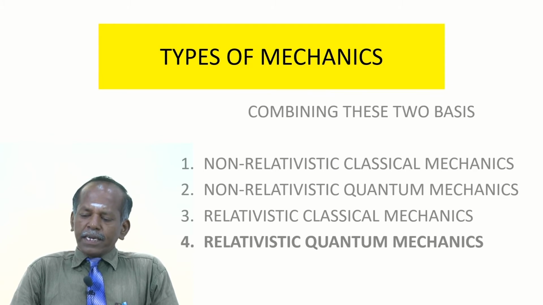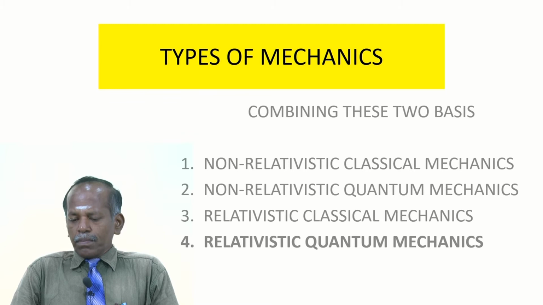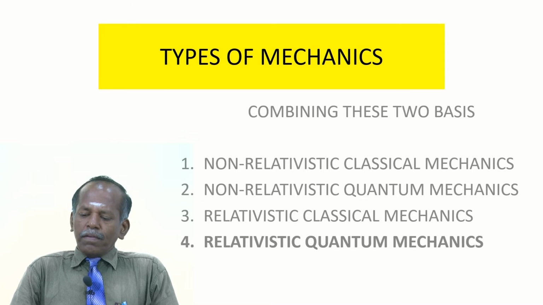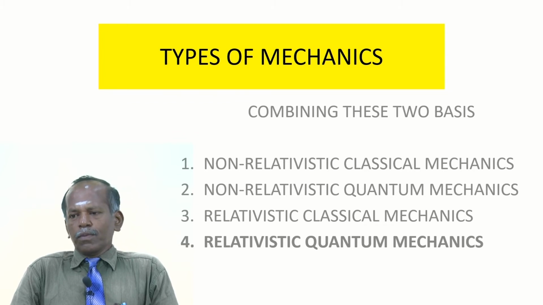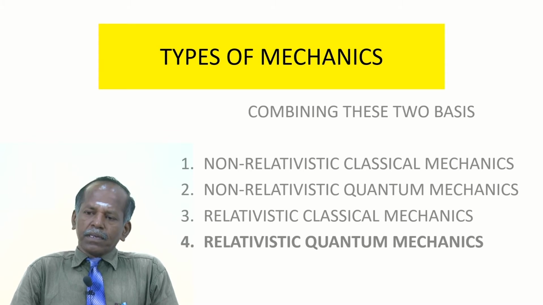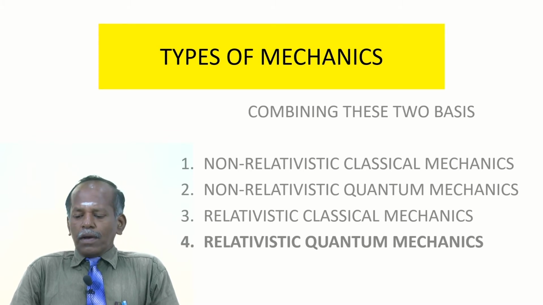Whereas the second category, non-relativistic quantum mechanics, means a slow moving microscopic particle, tiny particle. Whereas the third one, relativistic classical mechanics, means fast moving bigger size particle, macroscopic particle. And the last one is relativistic quantum mechanics, means a fast moving microscopic particle. So combining the two bases, we have four types of mechanics.